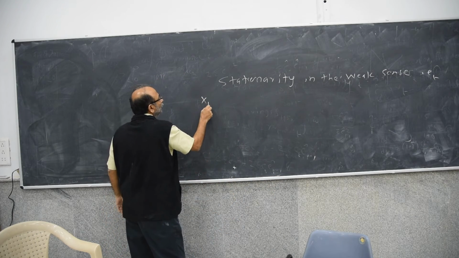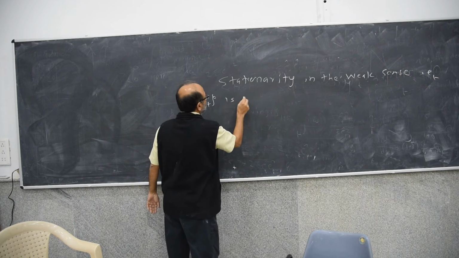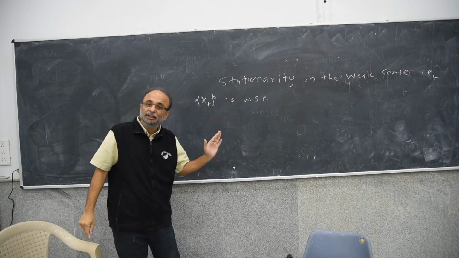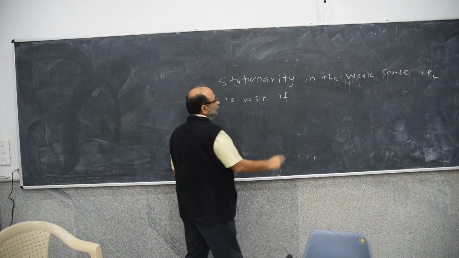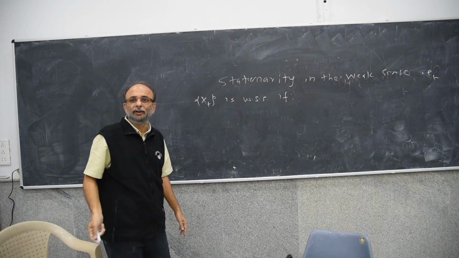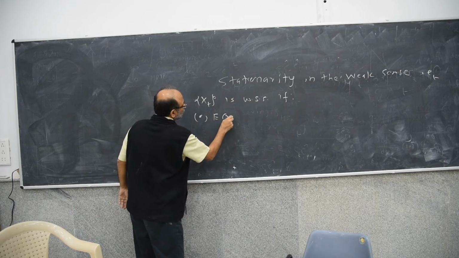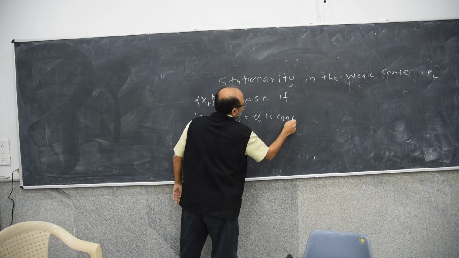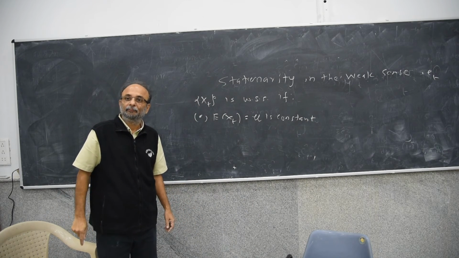A random variable xt is weak sense stationary, or simply stationary, if the following three conditions are satisfied. You don't need to write this down now, this recording is working fine, so pay attention. First, the mean of xt is constant.